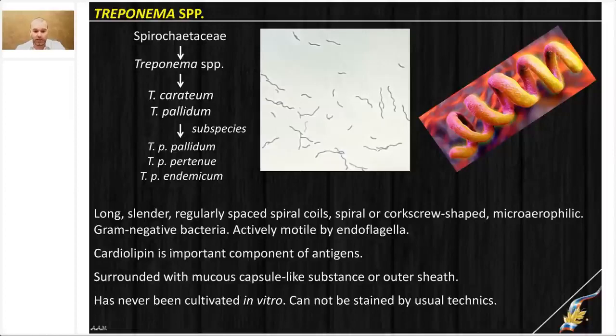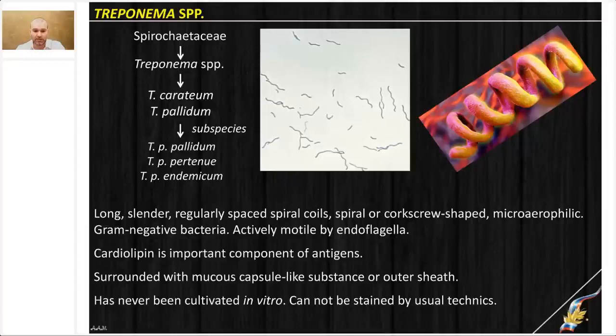As we said, bacteria have endoflagella, and the whole microbial cell is surrounded by a mucous substance which resembles a capsule, and it is very often called an outer sheath and can be identified if required in that bacteria.